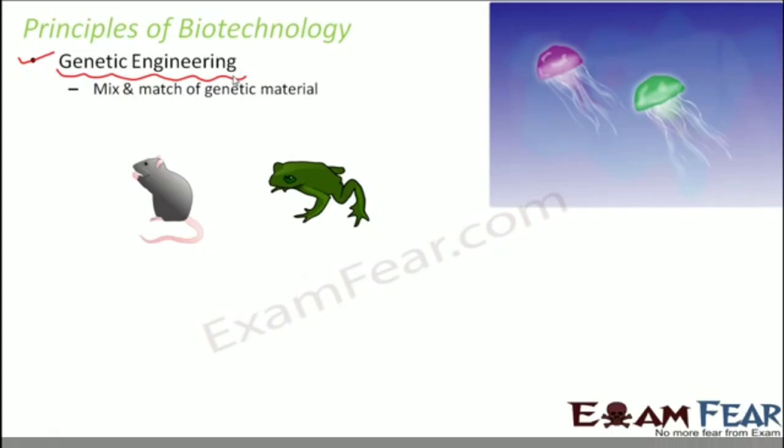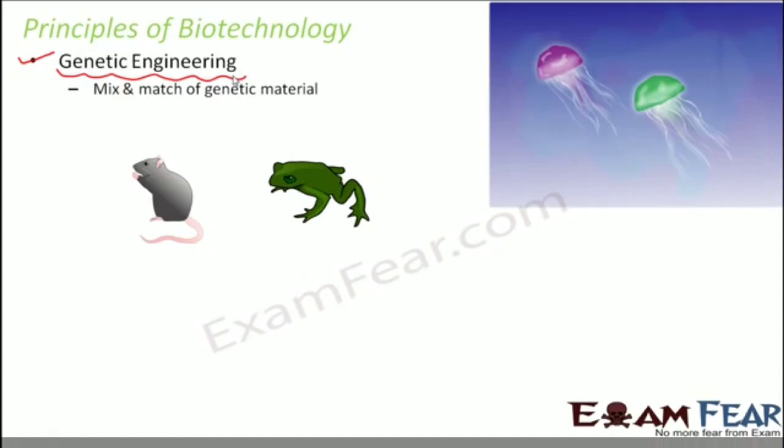Now the question is, how is it possible that I extract that gene from a jellyfish and put it inside the cell of a mouse, or I put it inside the cell of a frog? Once that gene is inside the cell of a mouse or a frog, then of course that animal will also start behaving in the same way, because after all it is the gene which decides which proteins will get synthesized, and the proteins directly decide the behavior of the organism.